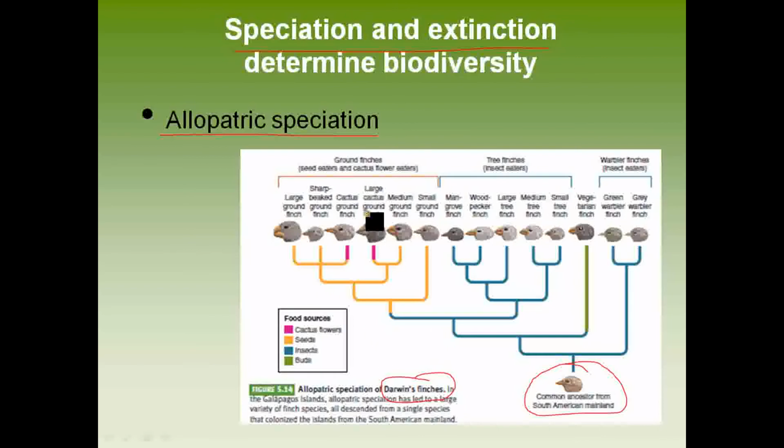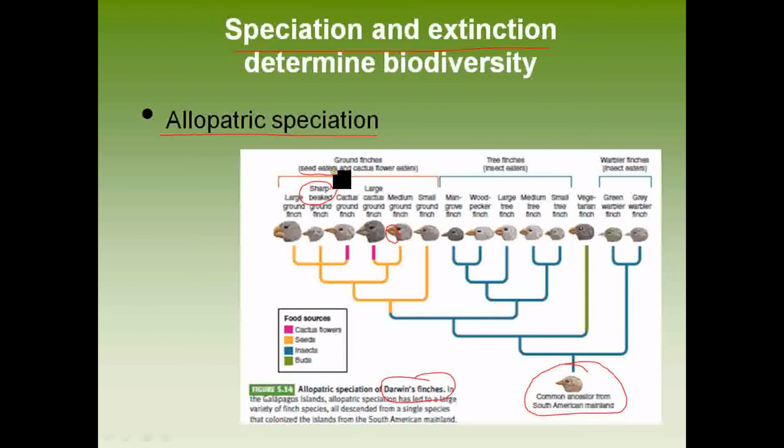So you had ground finches, and they needed much larger and stronger, sharper beaks to be able to break seeds and eat them. So their food source led them to have a phenotype with some very interesting beaks because of what they ate.